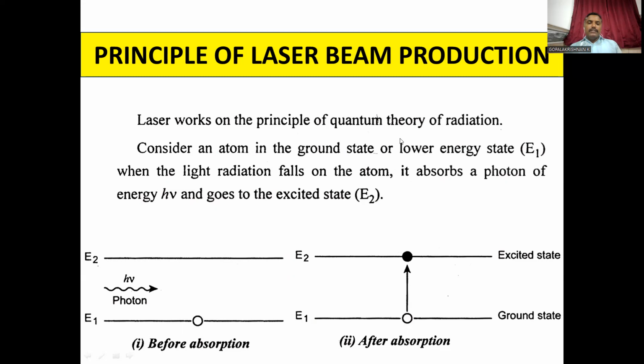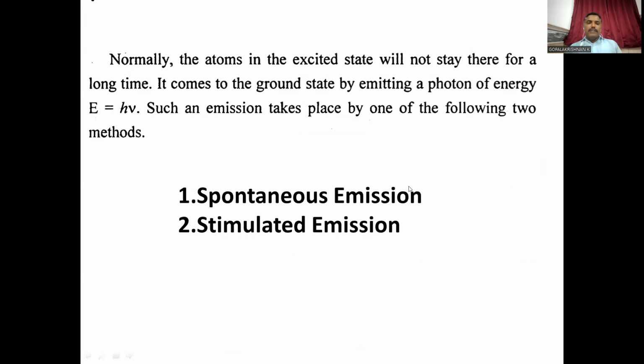Before absorption and after absorption are shown in the figures. Normally the atoms in the excited state will not stay there for a long time. It comes to the ground state by emitting a photon of energy E equal to hν.